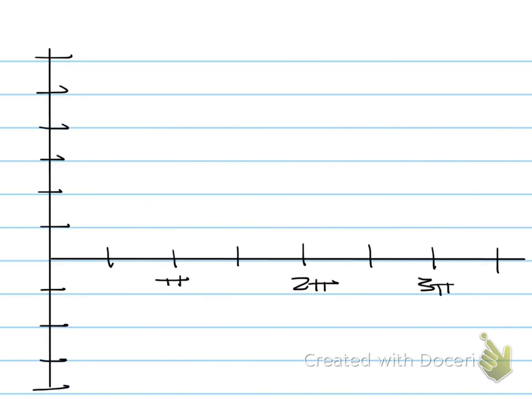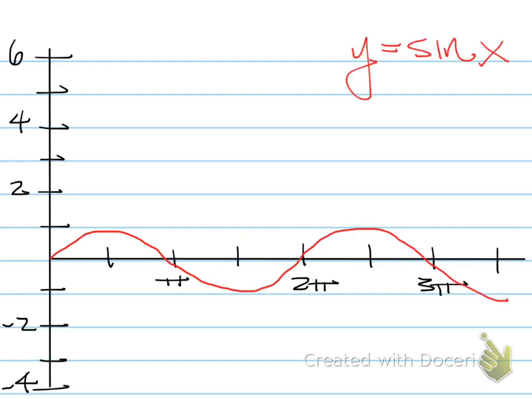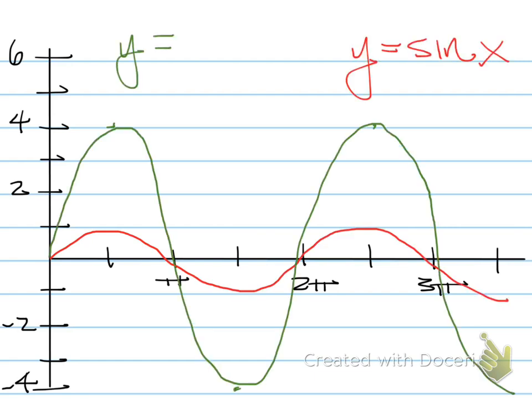And then for the sine curve, this is what the basic sine curve looks like. If it has an amplitude of 4, then it's going to be vertically stretched by a factor of 4. So the new maximum will be 4, new minimum will be negative 4.